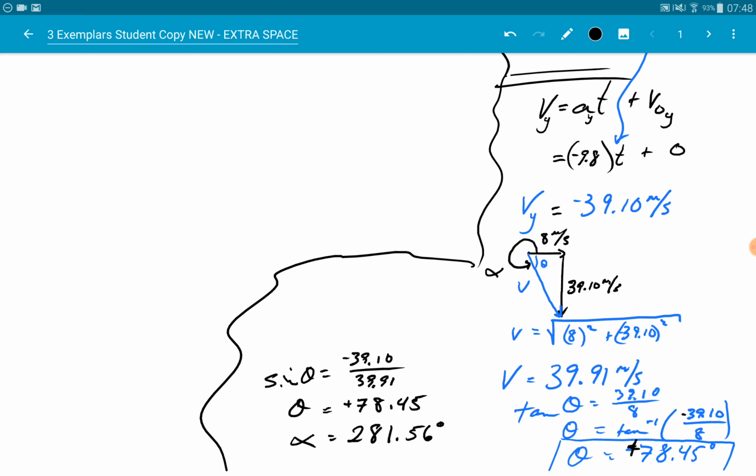Just make sure that if you do report this, actually I'm going to erase that. I'll talk a little bit more about that. When you do report this, notice that you can't report these both as a positive value. The 78, as theta is measured here, is actually a negative 78 there. When you put in the negative sign for the angles here, remember that sine, cosine, and tangent don't always give you the correct signage there.